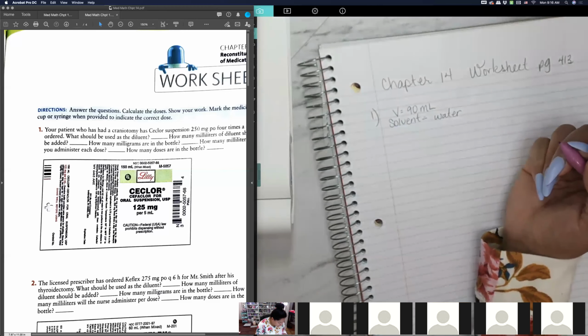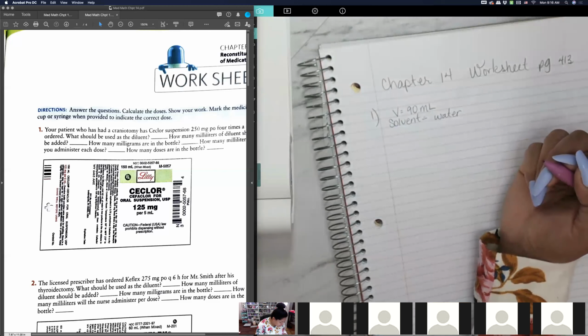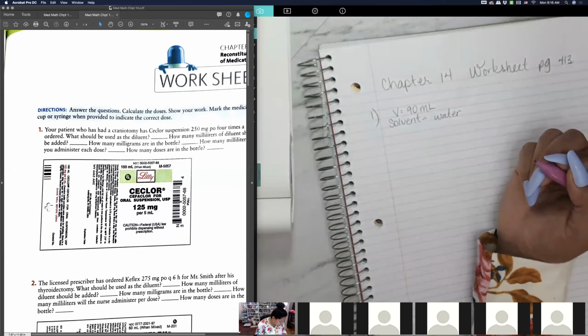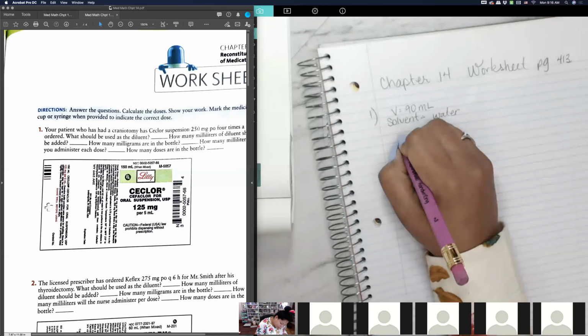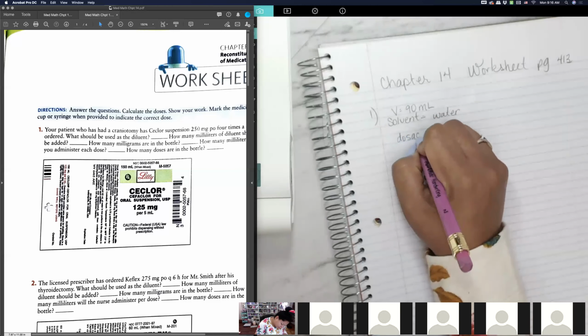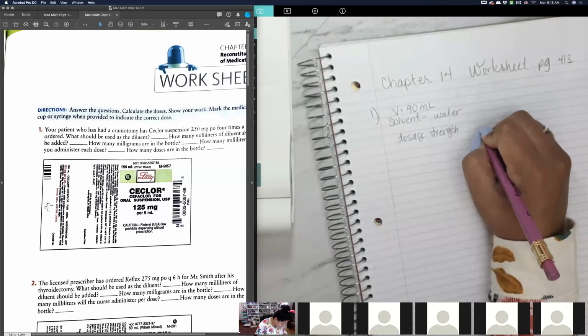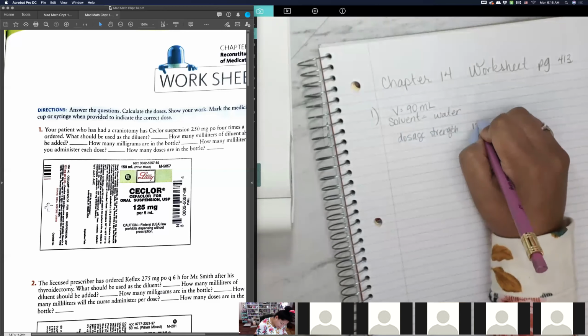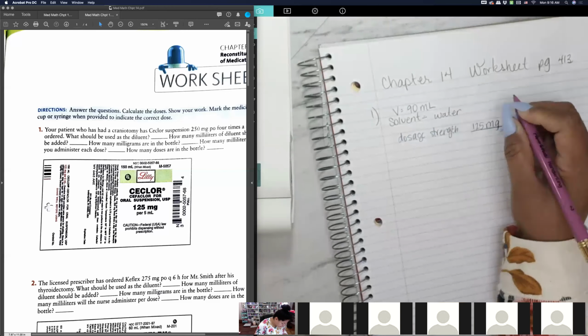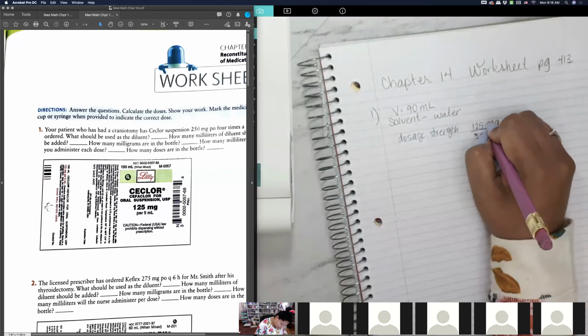Shake well after each addition. Each 5 milliliters will then contain 125 milligrams of anhydrous sulfur. So that's telling us a dosage strength of 125 milligrams per 5 milliliter.